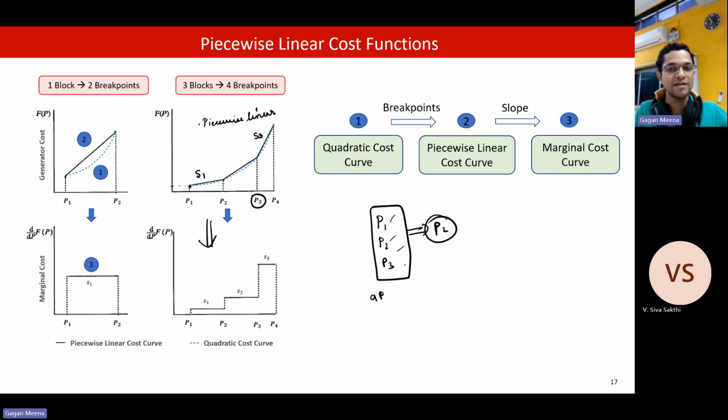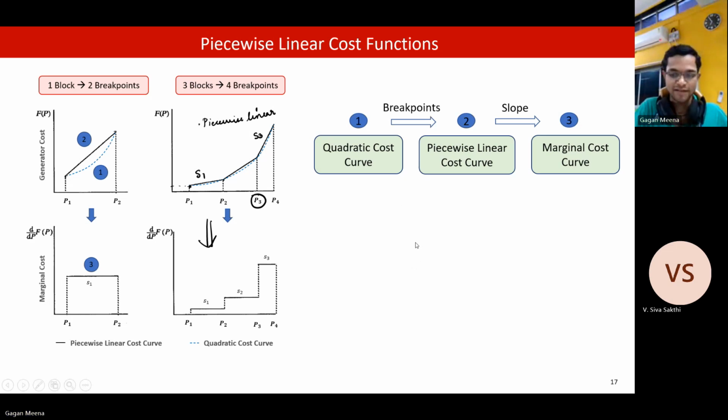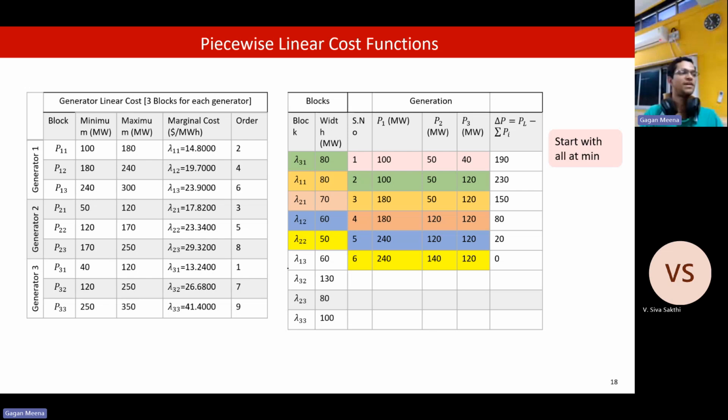But there we considered the quadratic cost curve. Now here we have linearized it, piecewise linear. Now we again want to ask the same question: how much each of these generators should produce to satisfy the demand. That we can do very easily by using this method.